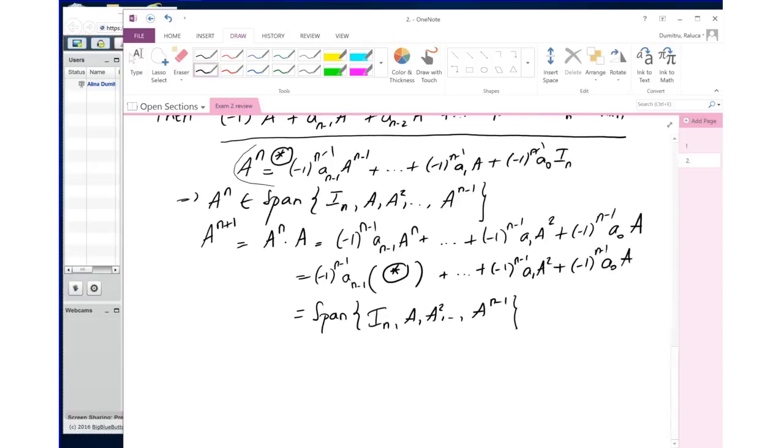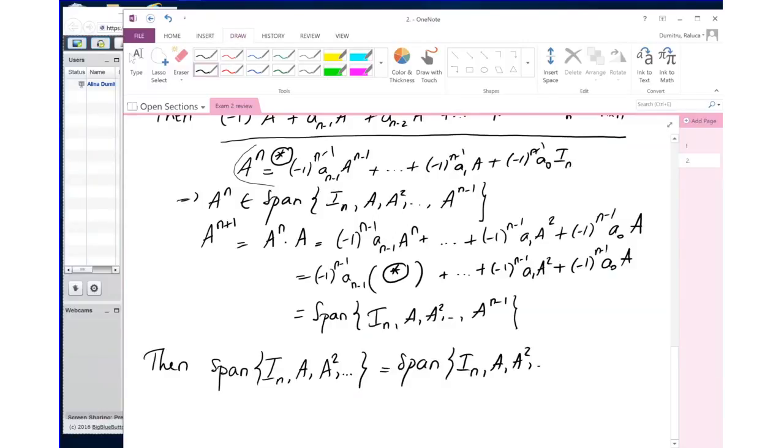So in conclusion, the span of the original set, the one with dot dot dot, is the same as the span of this set.